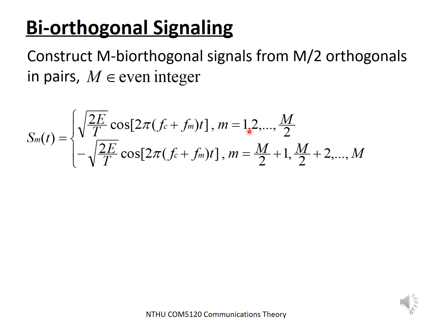For m from 1 to M/2, we need only M/2 different carrier frequencies, and each carrier frequency supports two waveforms, positive and negative.